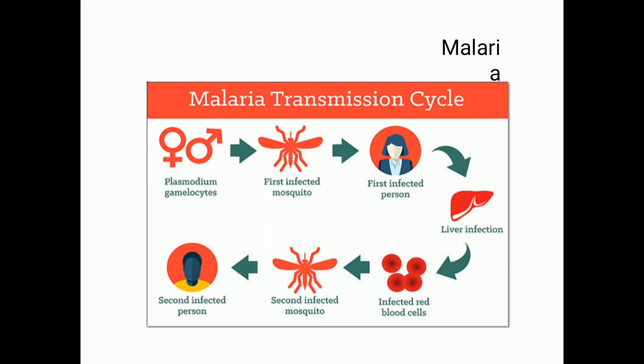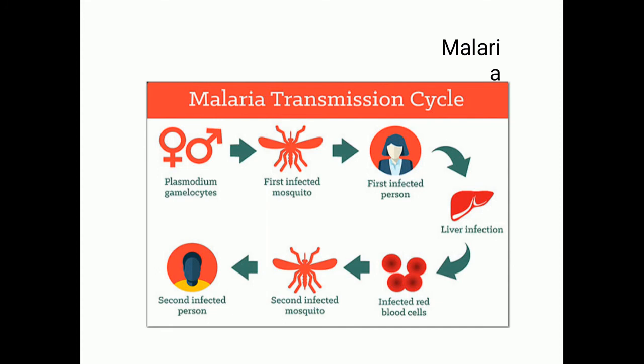What are the causes of malaria? Malaria can occur if a mosquito infected with the Plasmodium parasite bites you. There are four kinds of malaria parasite that can infect humans: Plasmodium vivax, Plasmodium ovale, Plasmodium malariae, and Plasmodium falciparum. Plasmodium falciparum causes a more severe form of the disease, and those who contract this form of malaria have a higher risk of death.